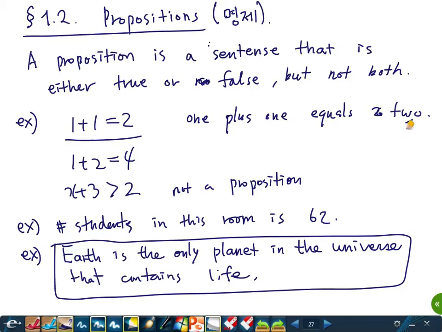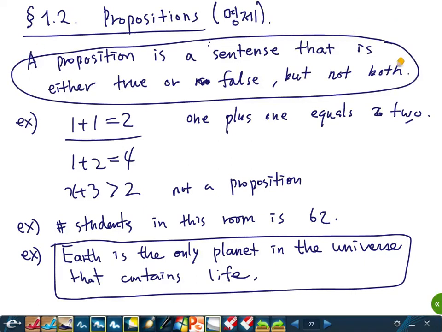Do not use your intuition or your opinion or anything like that. You may think, yeah, a proposition should have, if you say this is true or false, someone who really says that this is true or false. But that's not included. You may define that in your definition, but that's not a definition that is widely accepted in the math society. So this is the definition that we are going to use. So we need to follow this.